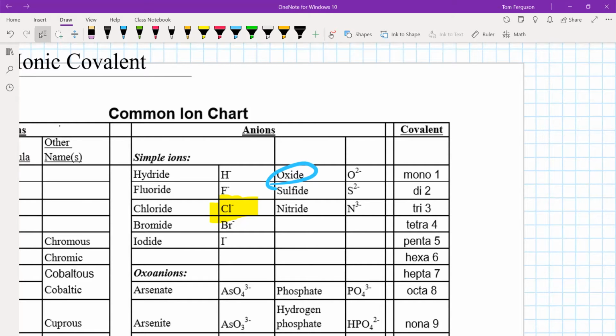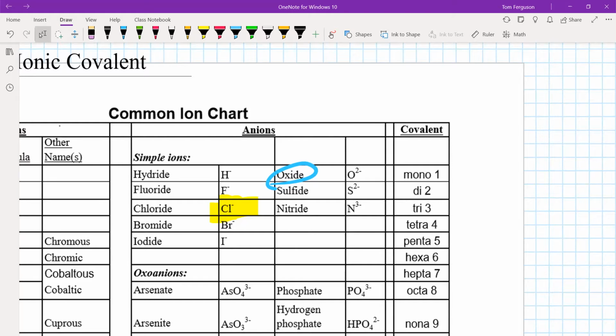Polyatomics are a group, and they're stuck together for stability reasons. Because they're stuck together, they have a group charge. You cannot consider each part of it as a separate charge and add them together. The group has got one charge. For example, in the case of phosphate, PO4, a charge of -3.